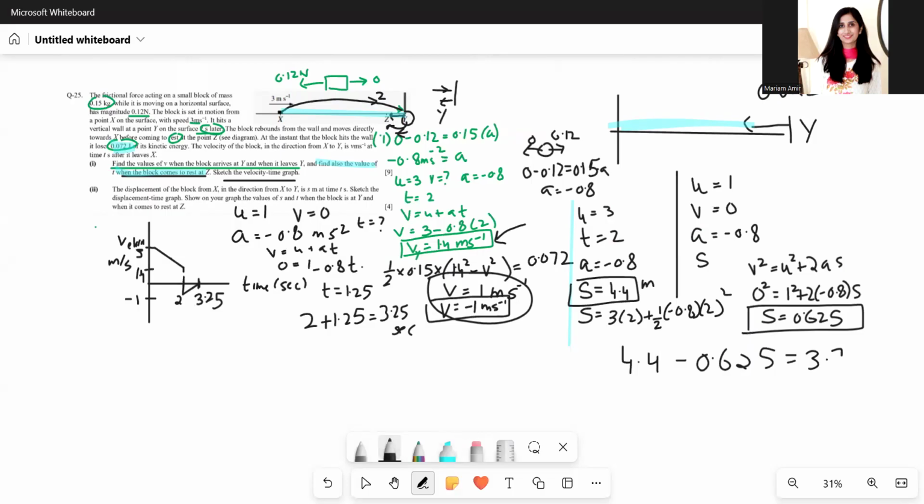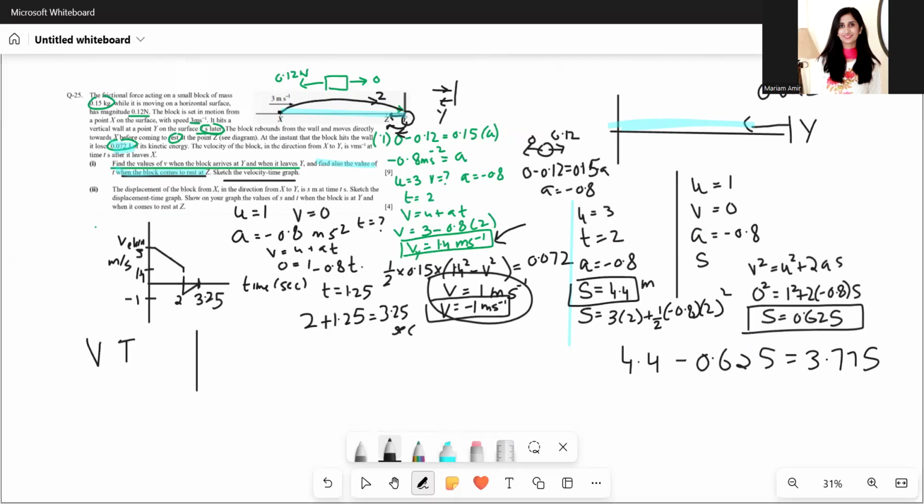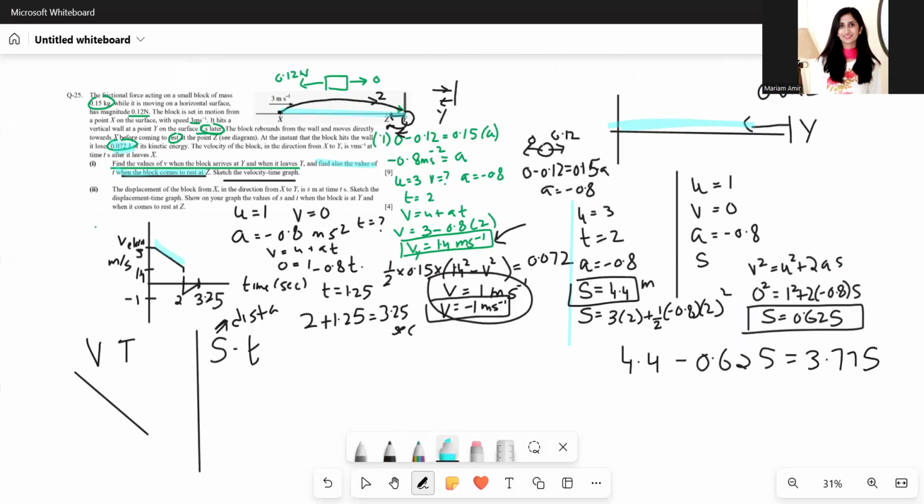Before you draw the graph, you must know a few things: how to convert from a speed time or velocity time graph to a distance time graph. S means distance. This is distance time. So if a speed time line looks like this, look over here. If there's a falling line here, then the distance time curve looks like this.